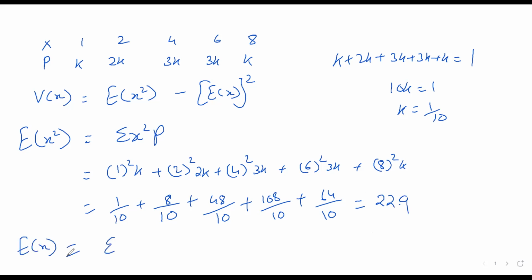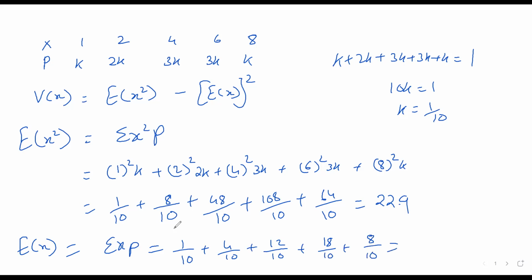Then E of X will be summation XP. That is 1 by 10 plus 4 by 10 plus 12 by 10 plus 18 by 10 plus 8 by 10.